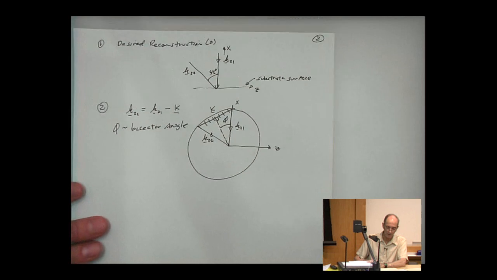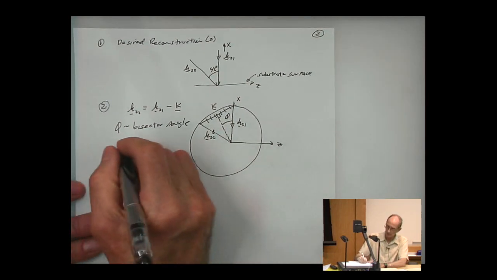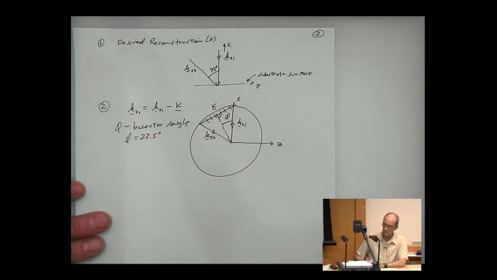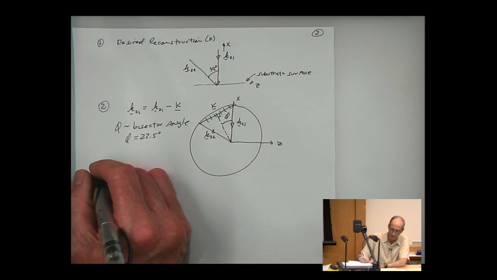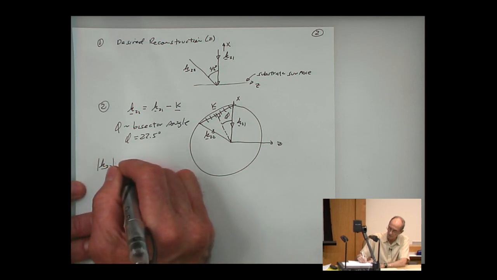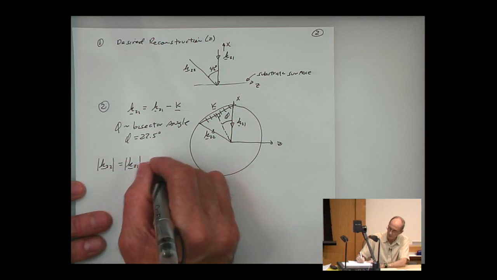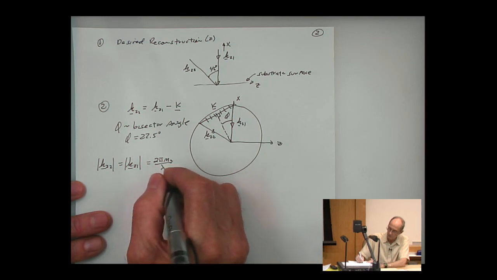So what else do we know about this? First of all, we know that phi, if that bisects 45, is 22.5. So we have more information there. We also know the propagation vector lengths, since we know the wavelength and the refractive index: the magnitude of K22 equals the magnitude of K21, which is 2 pi n2 over lambda 2.